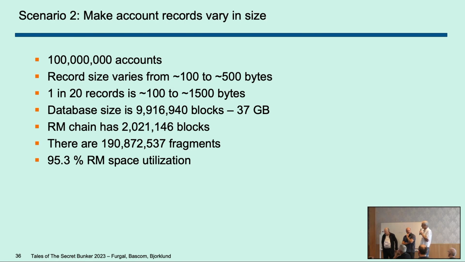We varied the record size from between 100 to 500 bytes and made every 20th or so record randomly really big, which resulted in a database much bigger than the earlier one, and put a lot of blocks on the RM chain. And now we have almost 200 million fragments rather than just the same number of fragments as you have records, so there's no fragments. So in this case, we're pretty highly fragmented. This is almost 100% fragmented, right?